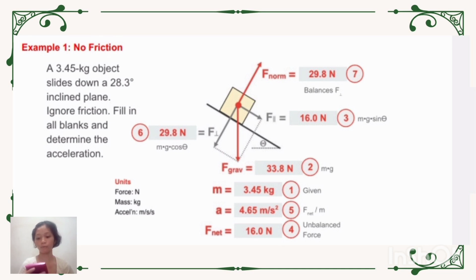So we're left with 16 point something for our F parallel, and our F net is the same, 16 N, meaning unbalanced force. That's why our F parallel is unbalanced, or not balanced.